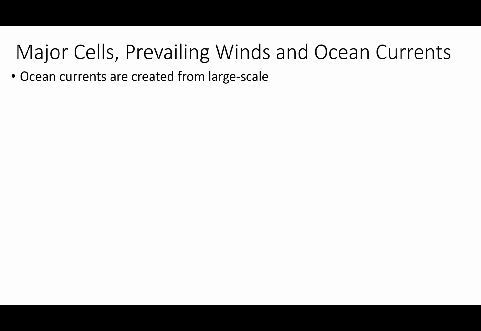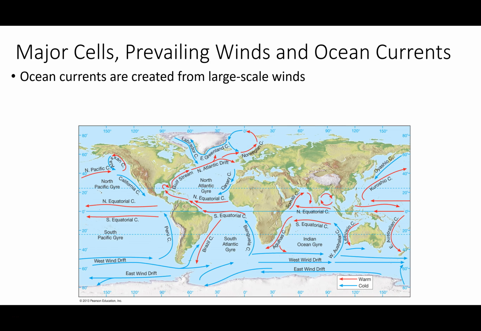All right. So I already mentioned that what creates these ocean currents, we'll call them large basin ocean gyres, I like that word too, is actually just wind going over the large bodies of water.